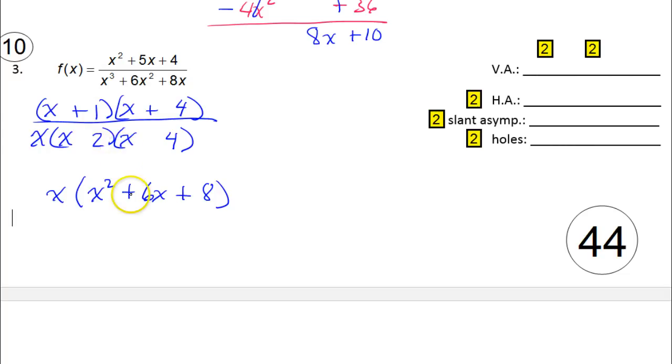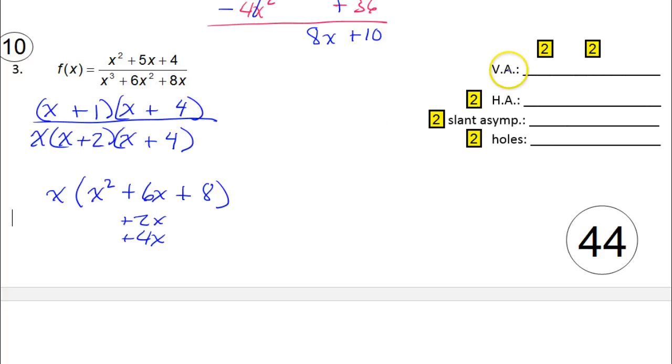So inner, I have 2x. Outer, I have 4x. I'm trying to get a middle of positive 6. So again, I just need both of these to be positive to make positive 6. And 2 times 4 is 8. So that's how you factor that. So now I have factored everything correctly.